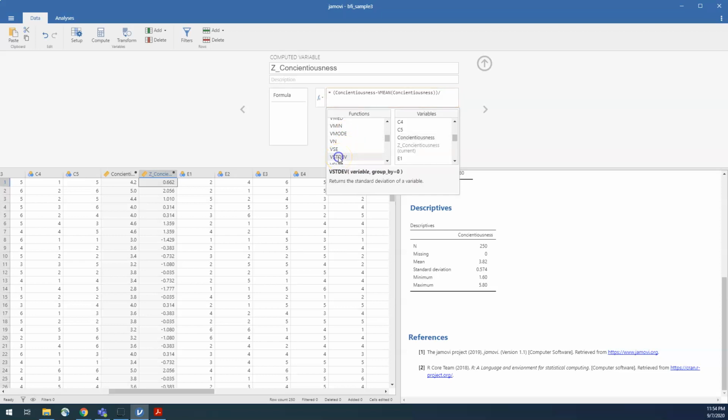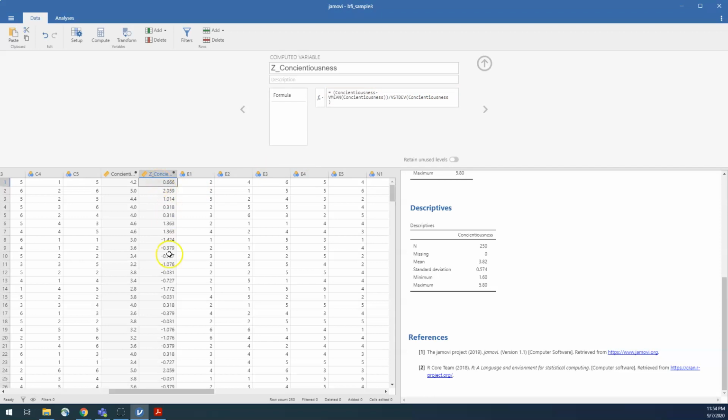And so if I double click that, and in the parentheses I put conscientiousness again, what I'm saying is, I want you to compute for me conscientiousness, the individual value that somebody got on conscientiousness, minus the mean of conscientiousness divided by the standard deviation of conscientiousness. And that should give me about the same values that I got before.